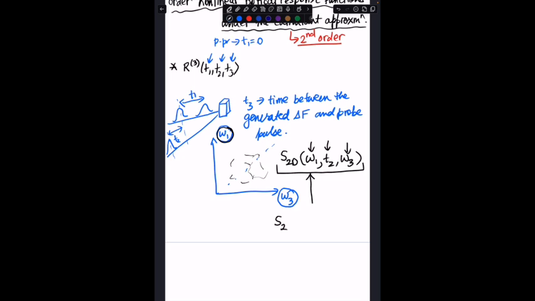Let's just say you have your time domain 2D signal, S2D as a function of T1, T2, and T3, which, if you recall from the previous classes I'd mentioned, is just your third order polarization signal as a function of T1, T2, and T3.